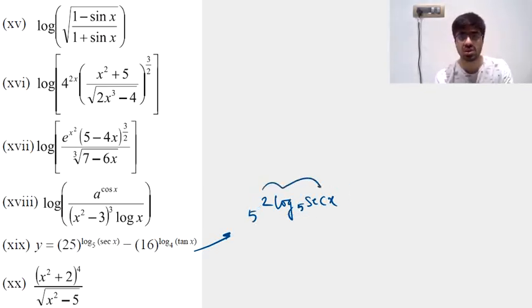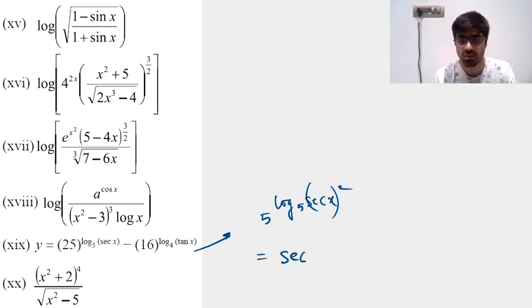But that 2 log something, that 2 can be taken inside the log. And you have 5 power log of sec x the whole square. And 5 is here, 5 is here, there's a log term here. The value of the entire expression will be the inner term, which is sec x the whole square, which is equal to sec square x.